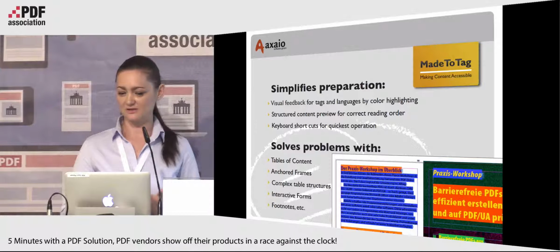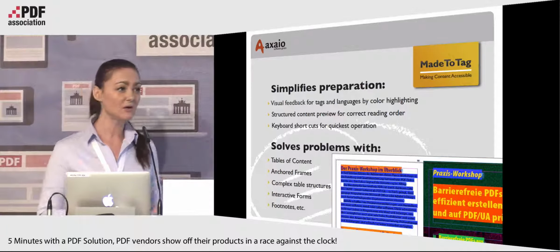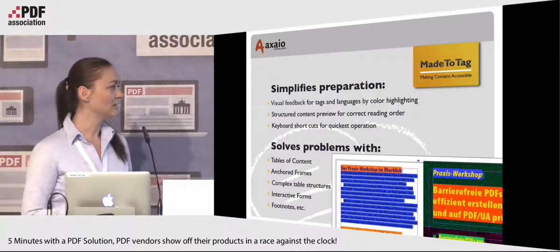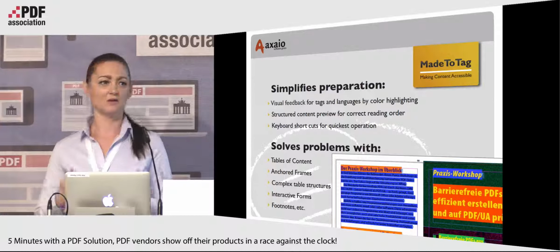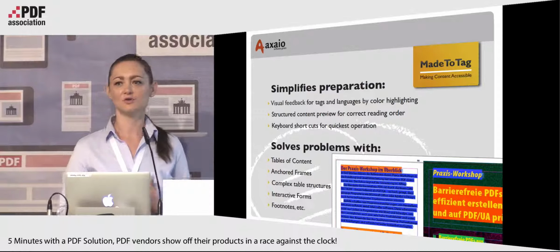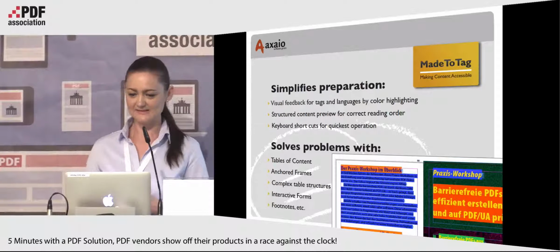You can get a structured content preview to be sure that the reading order is set up right. And for all of our Made to Tag features and functions, you can choose keyboard shortcuts so that you are really fast in your daily work if you have to process a lot of documents as PDF UA documents.